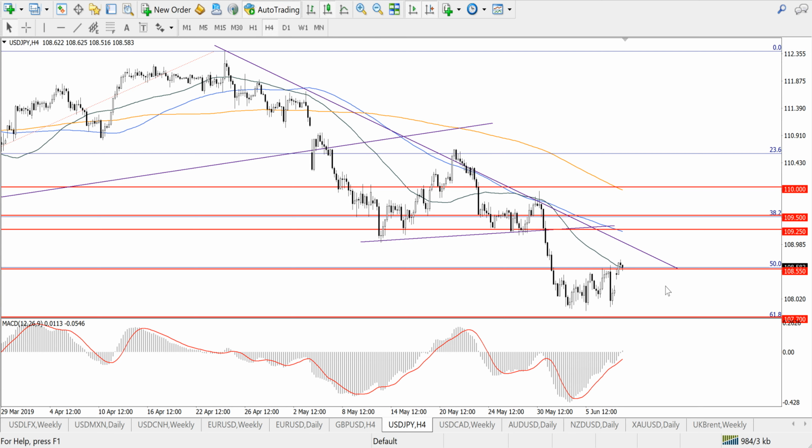If the prices turn down and we get below 108.50, then the focus will be on the downside, on the recent lows around the 108 mark.